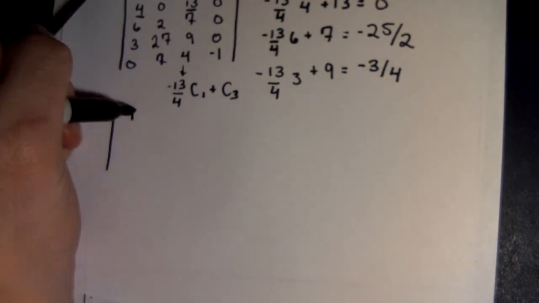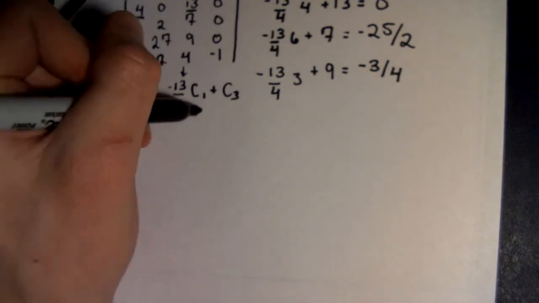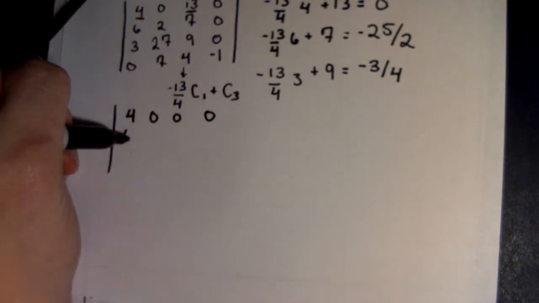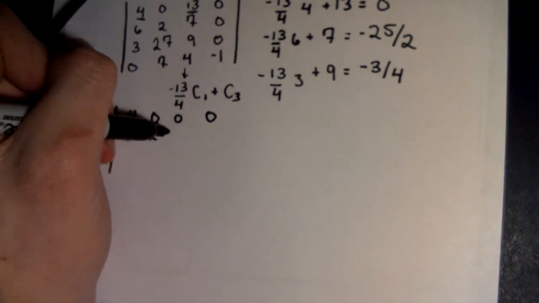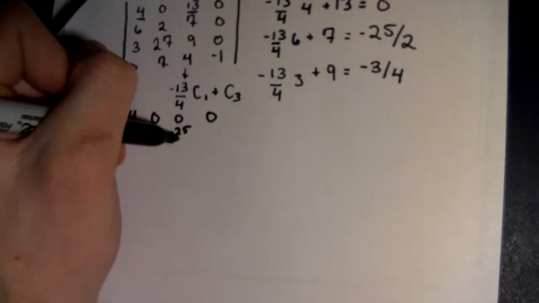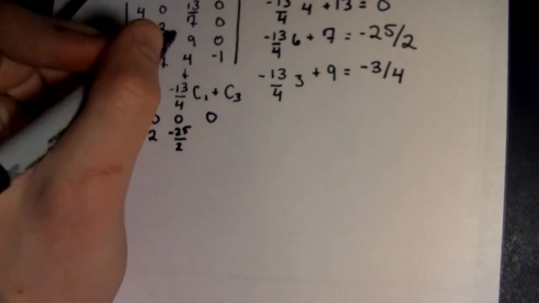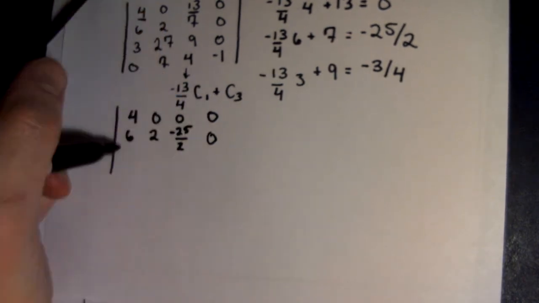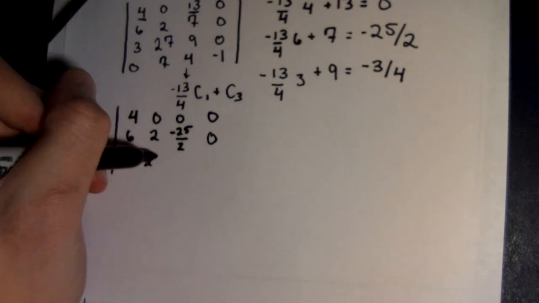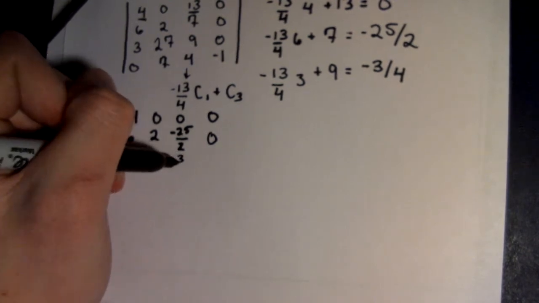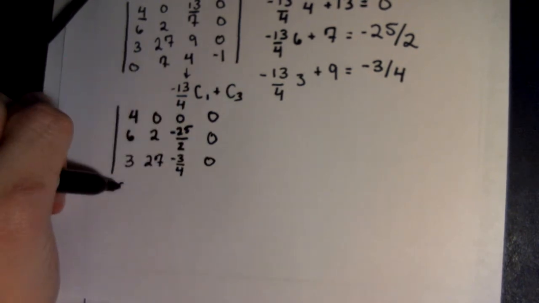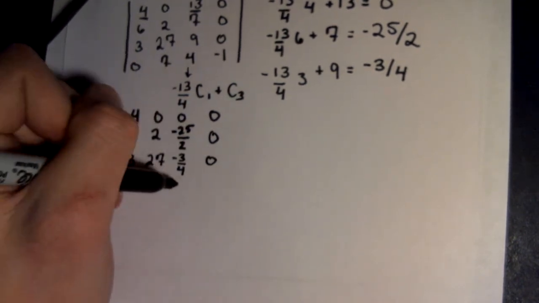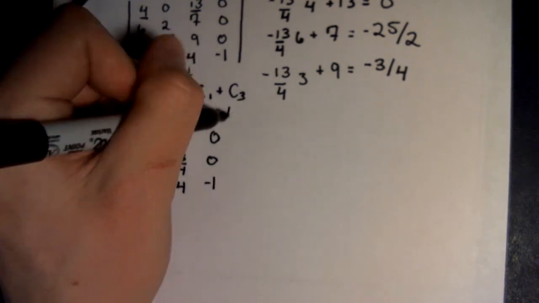We have 4, 0, 0, 0, 6, 2, negative 25 over 2, 0, 3, 27, negative 3 over 4, 0, 0, 7, 4, negative 1. So this is our new matrix.